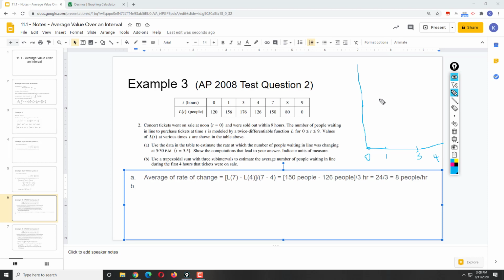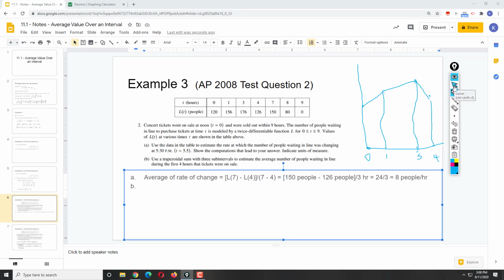We're given the number of people at those times. So do a trapezoidal sum. We're going to have 3 intervals that are not equal. We have 0 to 1, 1 to 3, and 3 to 4.